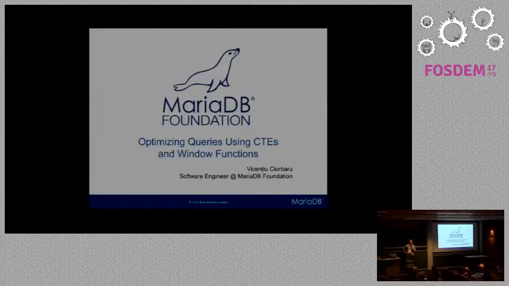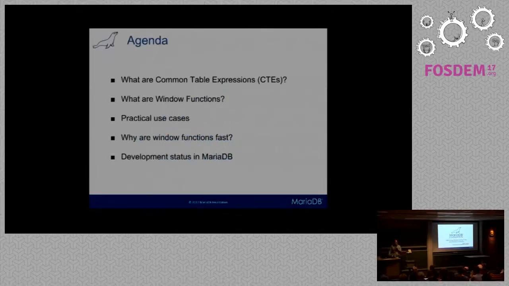Today, I'm going to give you an introduction into two advanced querying features, which are window functions and common table expressions. Both of them are coming in the new MariaDB 10.2. I'm not going to give you a full description of what we support, but my idea is to show you what they're capable of and give you a few examples of how things work.